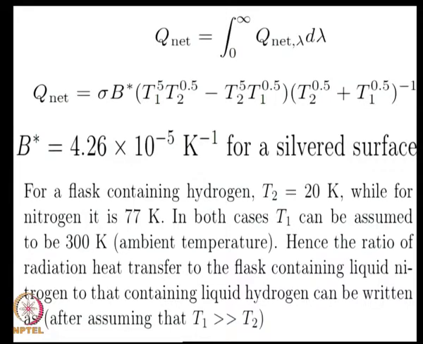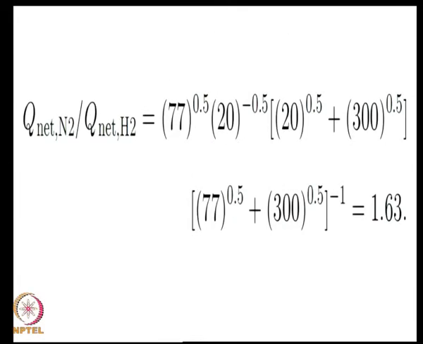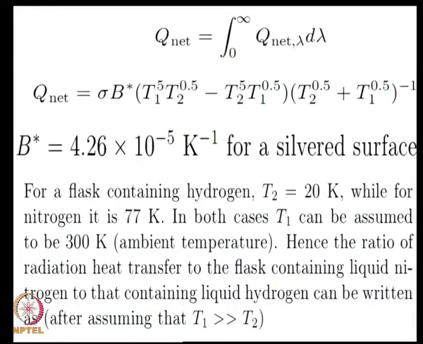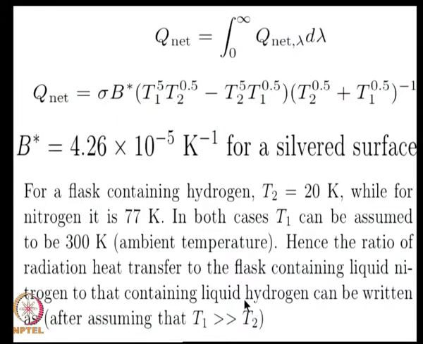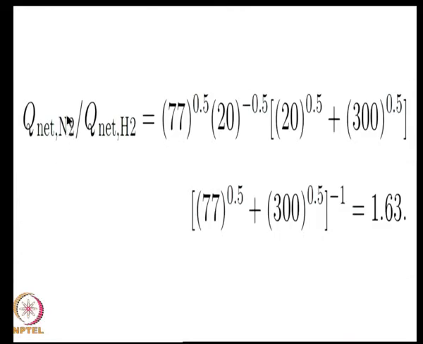And if you take this equation and remember the fact that T1 is about 5 to 10 times larger than T2, so T1 to the power of 5 will be much greater than T2 to the power of 5. So, we can neglect these terms, and so then you take the ratio of heat transfer to nitrogen to heat transfer to hydrogen, then you will get this kind of number, which will come out as around 1.63.